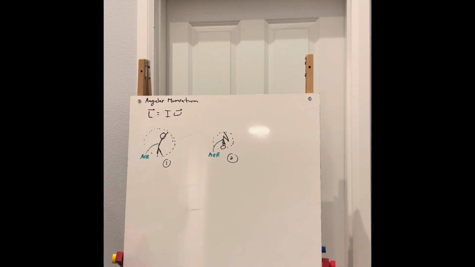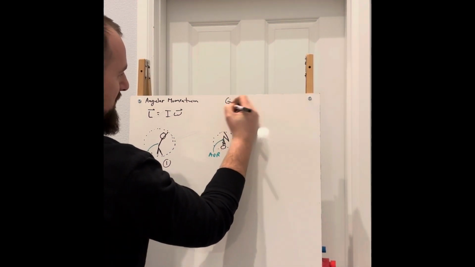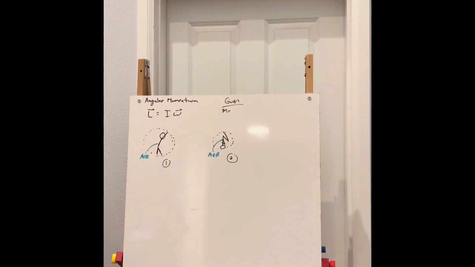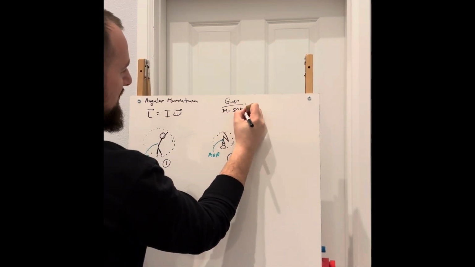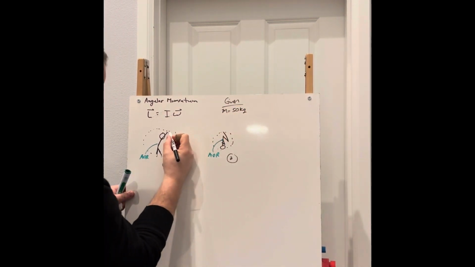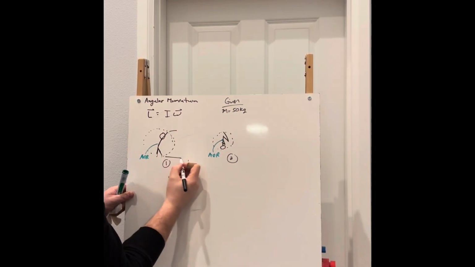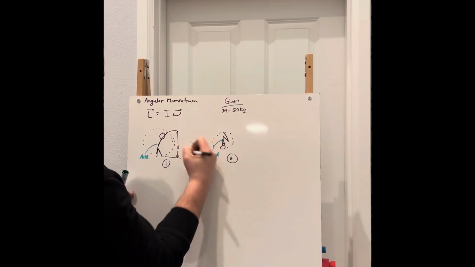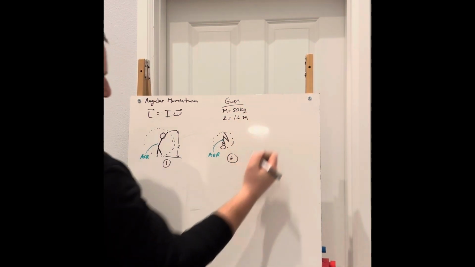So what we are given is their mass equals 50 kilograms. Their length, from the tip of their hands to the bottom, we'll say this part is L. We'll say that L equals 1.6 meters.